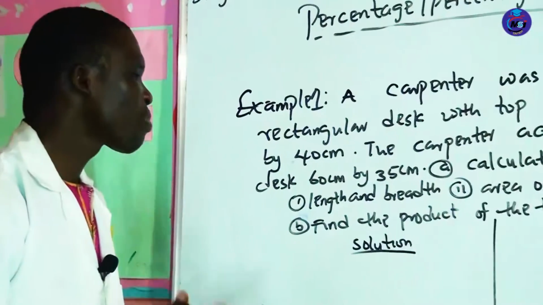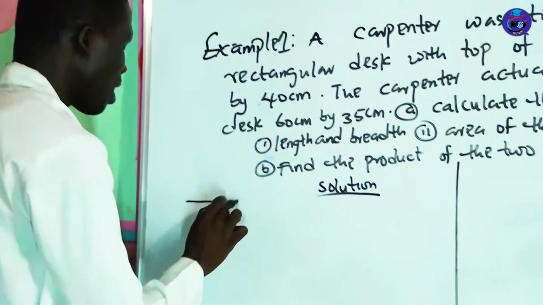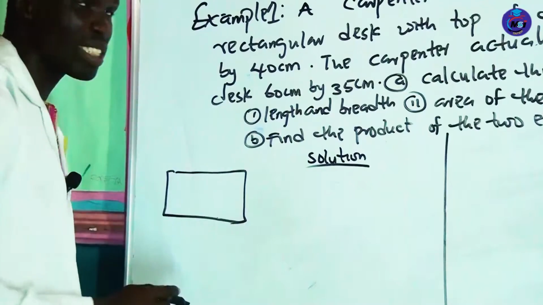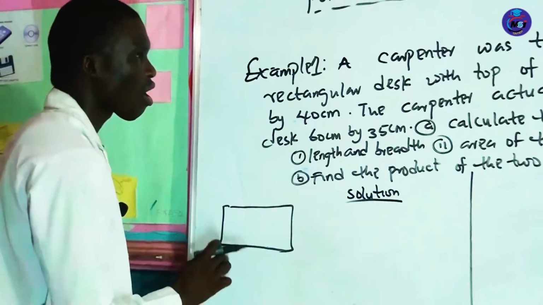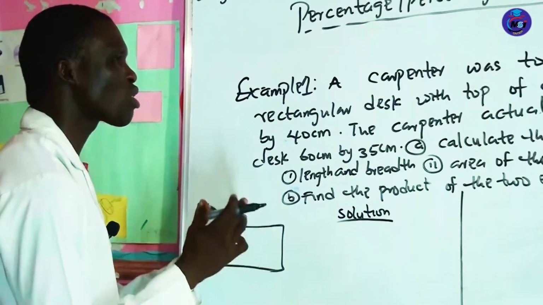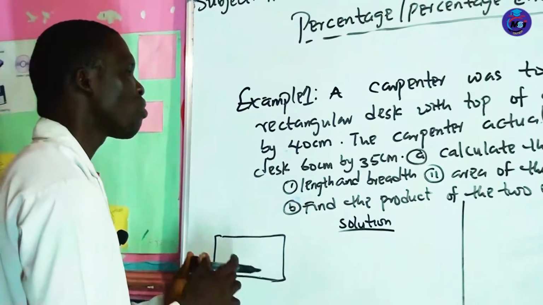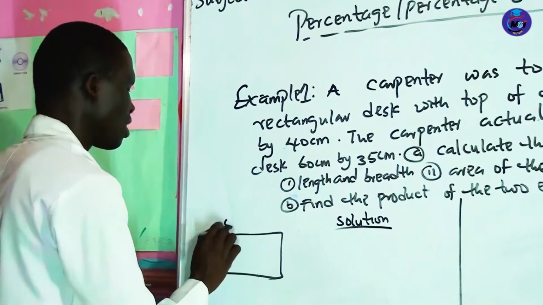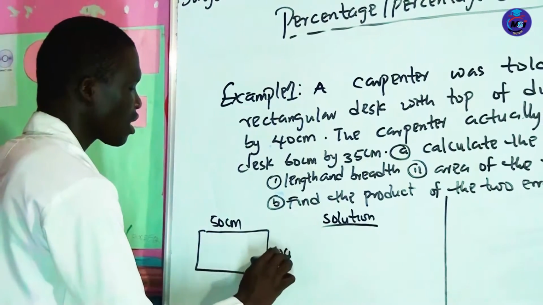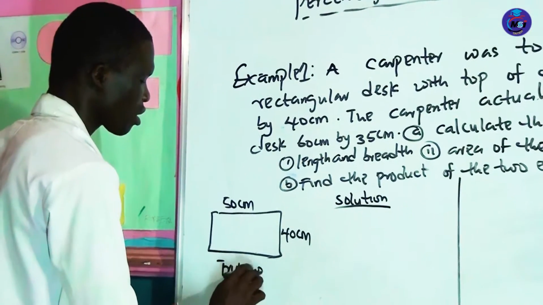Now let's move on. The first thing to do is draw the rectangular table. This is rectangular shape. To make a rectangular desk with top of dimension 50 by 40 centimeter. This is 50, 40 centimeter. We call this true measurement.